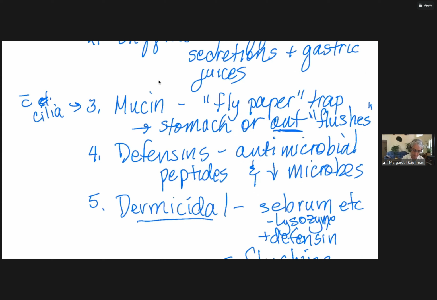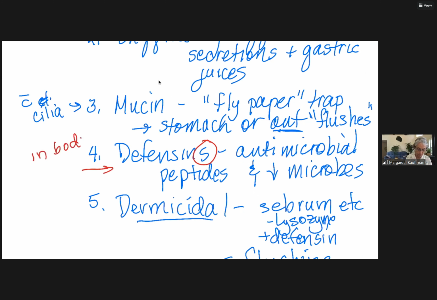Defensins, notice the S. This is a big category. So I know as he covered this, he gave a lot of different things it does. Antimicrobial peptides decrease microbe growth and attack the microbes, because there are many types of them. But in general, this is going to try and suppress microbe numbers on the outside of your body because it's released into the body secretions.